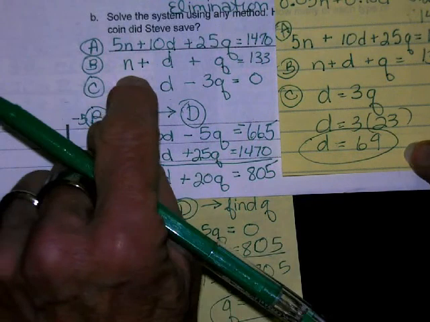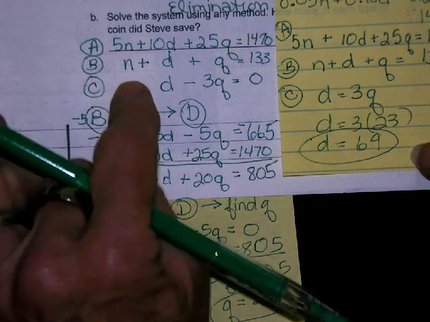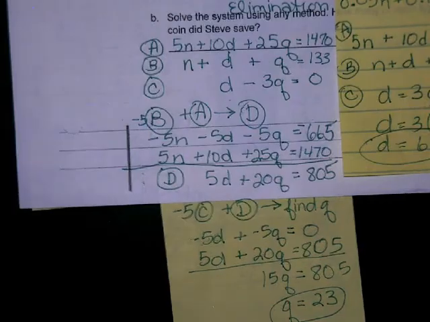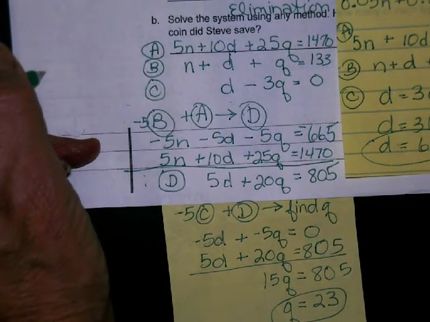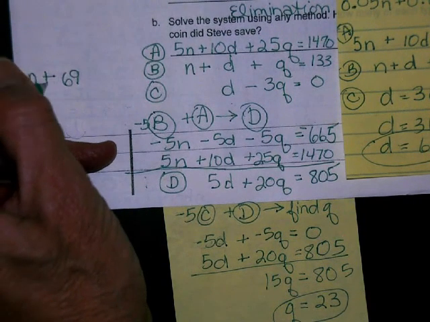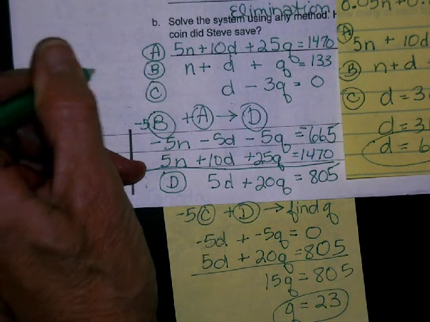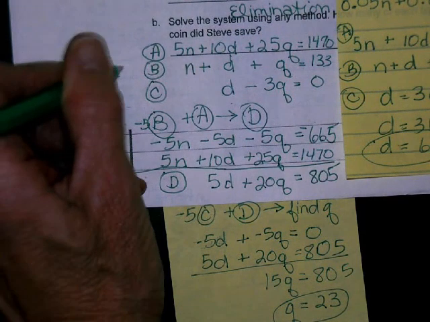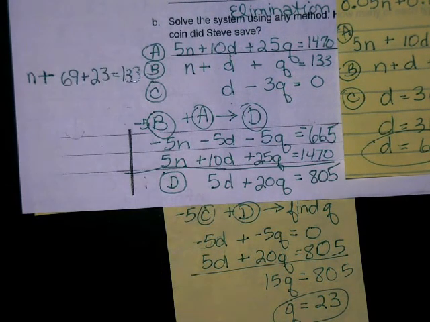And you got those two to put back up in here, and you can find n. So n plus 69 plus 23 is 133. Now, you could have used A to find n, but I like B better. Simpler, keep it simple.